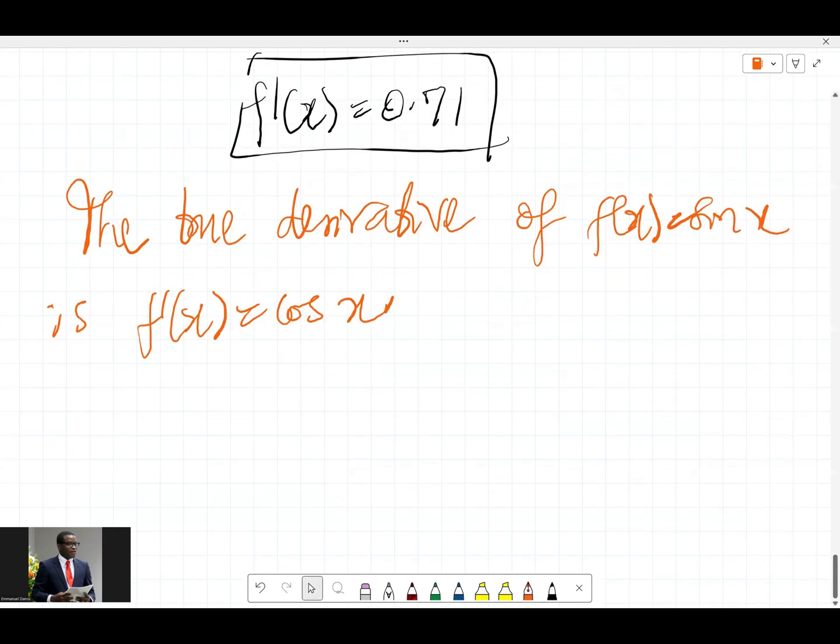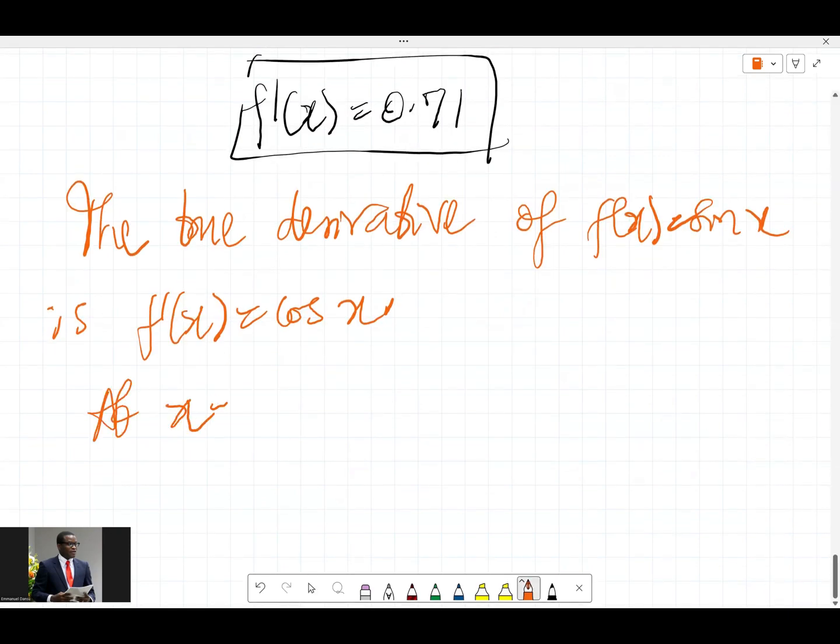At x equals pi over 4, pi over 4 radians is 45 degrees. So at x equals pi over 4, we have f of x, which is equal to, okay, let me take it down.